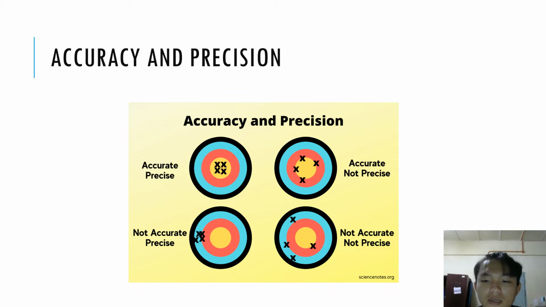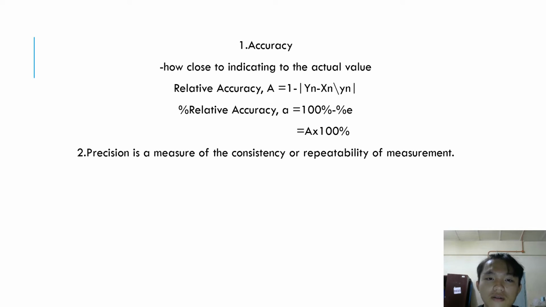As you can see, this is the picture of accuracy and precision. Accuracy is how close the instrument is to indicating the actual value, like relative accuracy: A equals 1 minus (yn minus xn) over yn, and percent relative accuracy equals 100% minus percent E, which equals A multiplied by 100%.